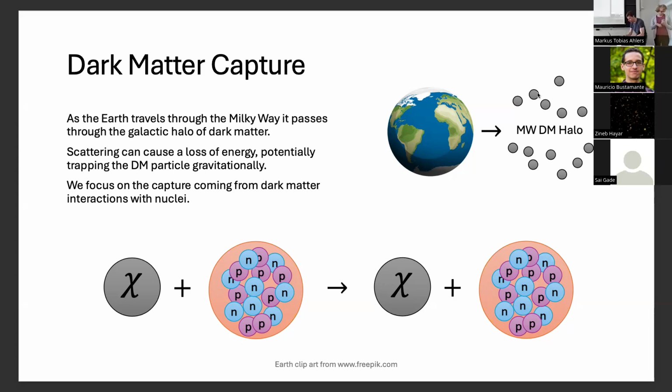It will then slowly scatter, lose more and more energy, and slowly accumulate near the center. This, of course, would also happen in other celestial bodies, but I'm specifically looking at the case of the Earth. We also heard yesterday that it could scatter off electrons, but my work has been focused on the nucleus.